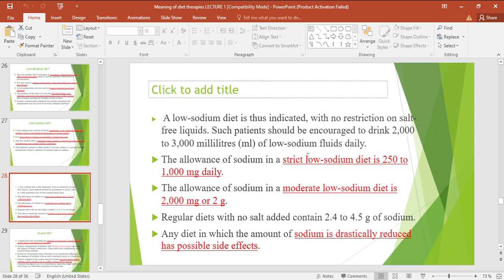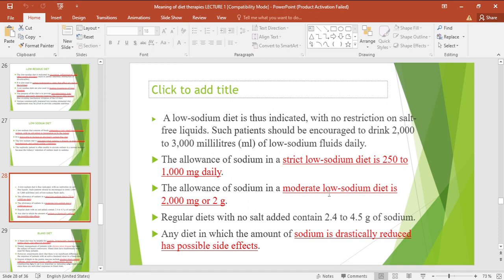And the low sodium diet may also be indicated with no restriction on salt-free liquids. And some patients should be encouraged to drink about 2,000 to 3,000 milliliters of low sodium fluids daily. And the allowance of sodium in a strict low sodium diet is about 250 to 1,000 milligrams daily. And yet the normal we have is about 2,300 milligrams a day.